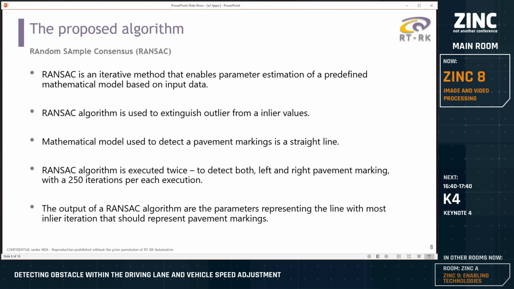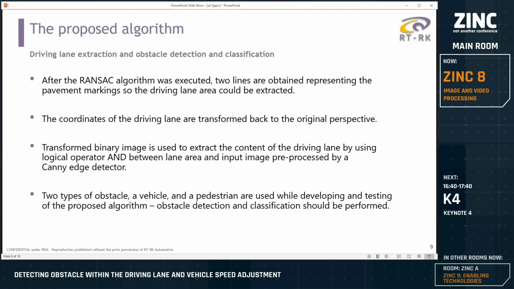They have the most inlier values. So when we have pavement markings, then we have our driving lane area, because it is bounded by these pavement markings.